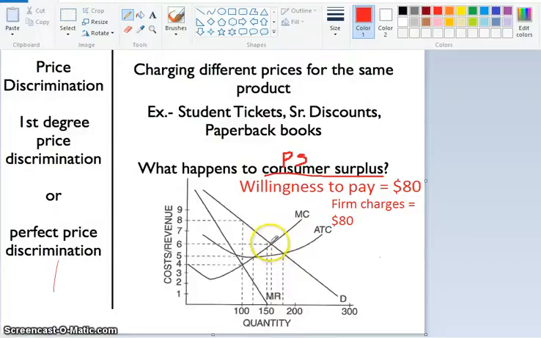They would charge right along this demand curve here. Boom. But it would also do something else. It would change their output to a more efficient level.